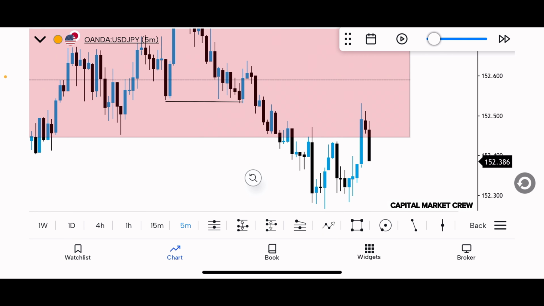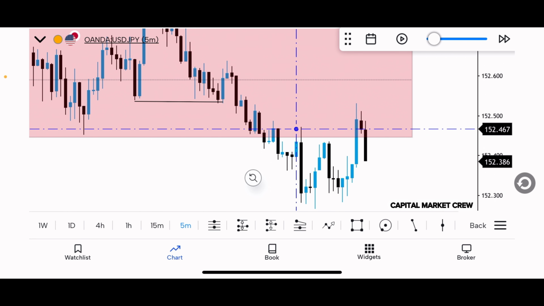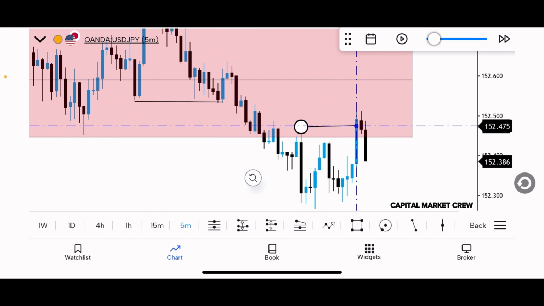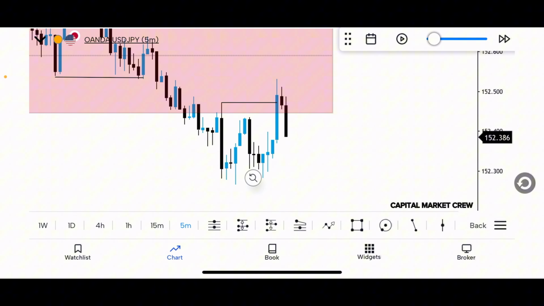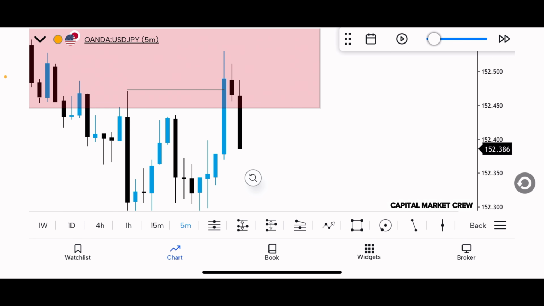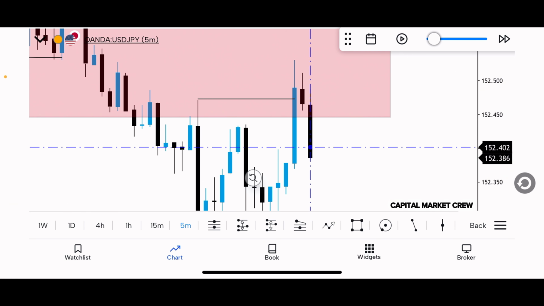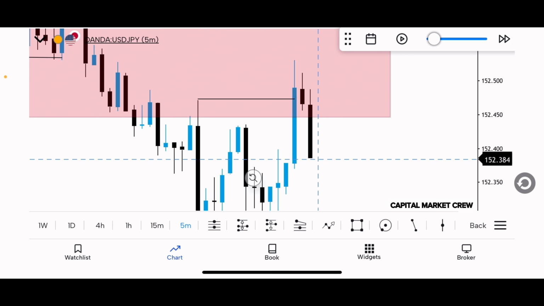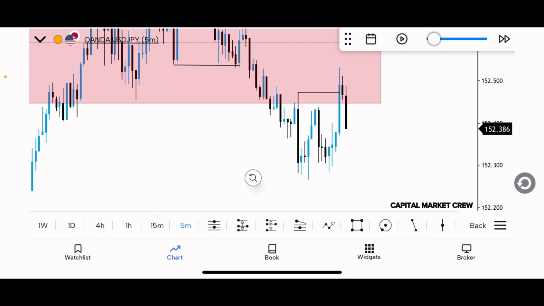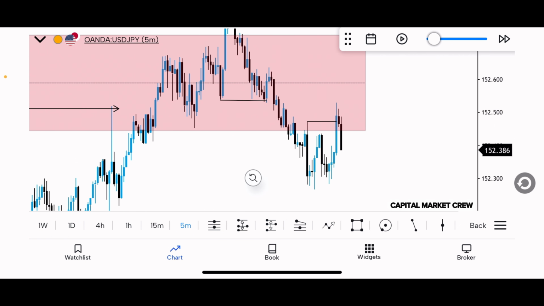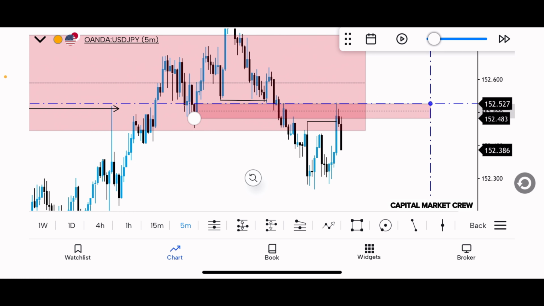Market came back, as we can see here. Also, market took our liquidity here before giving us this massive bearish candle, dropping here. As a trader, I've seen this as a valid change of character here, and also a support here, a resistance here.